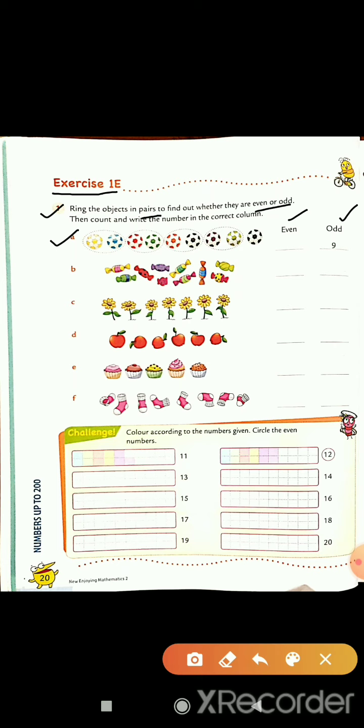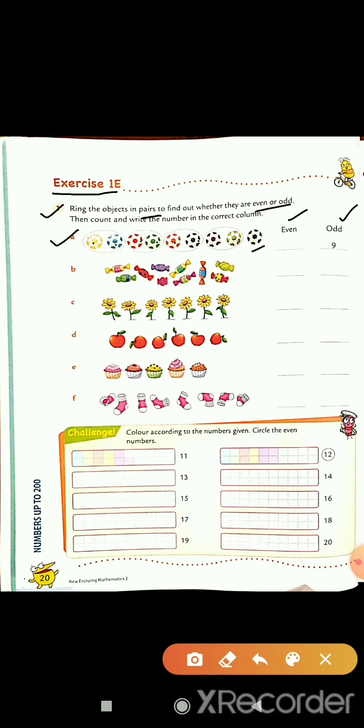There are some footballs, some balls, so we have to ring that in pairs. Already the first one is done. In one circle two balls are there. Second circle again two balls. In third circle two balls. Fourth circle two balls, and one is single, one is left. One ball is not having its pair. So how many pairs are there?